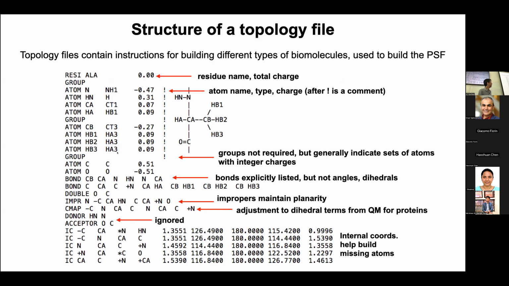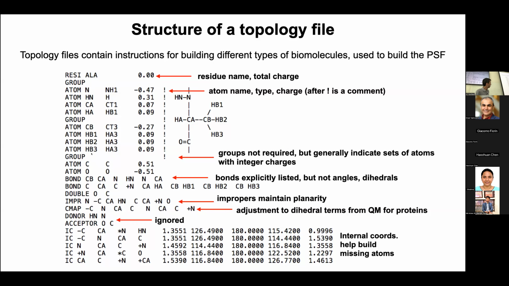In that case, we assign them the same atom type. So when going to look up parameters, let's say you have the bond between this carbon and this hydrogen. You don't have to look up a different bond parameter for CB with HB1, CB with HB2, CB with HB3. You just look up the parameter for CT3 with HT3 type, and then you get the same parameter for all three of these. So that's why we use atom types here.